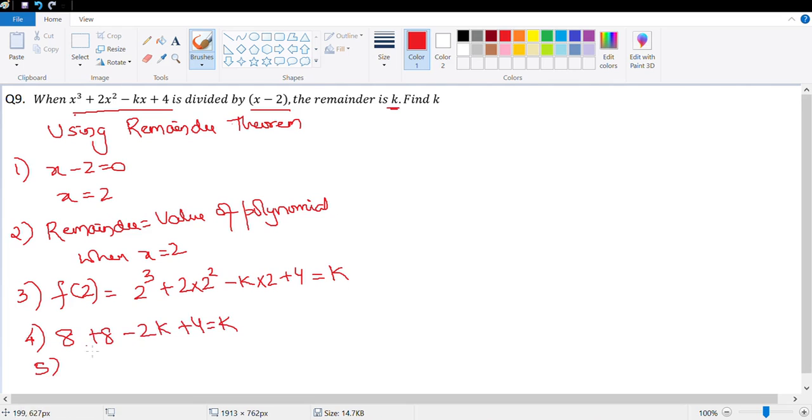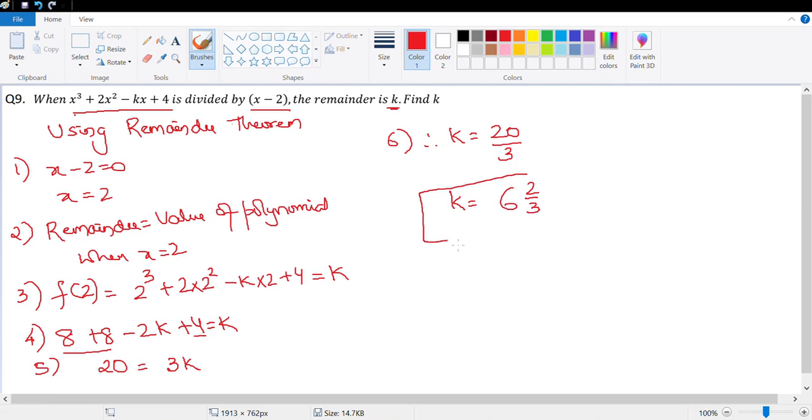Let's group like terms together. 8 plus 8, 16, plus 4, 20 is equal to k plus 2k, that's 3k, which means therefore k is equal to 20 upon 3. Need to write the answer in mixed fraction form, so that's 6 2 upon 3. The value of k is 6 2 upon 3 if this given polynomial is to be divided by x minus 2 and we want the remainder to be k.